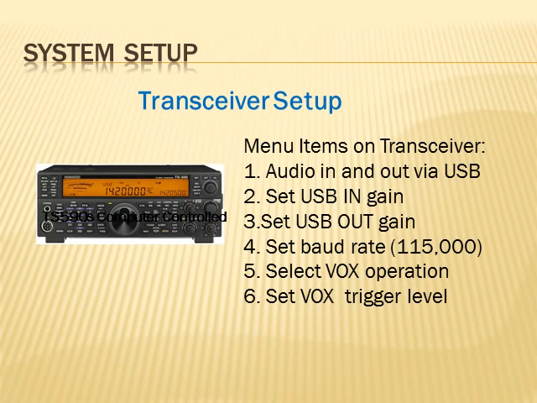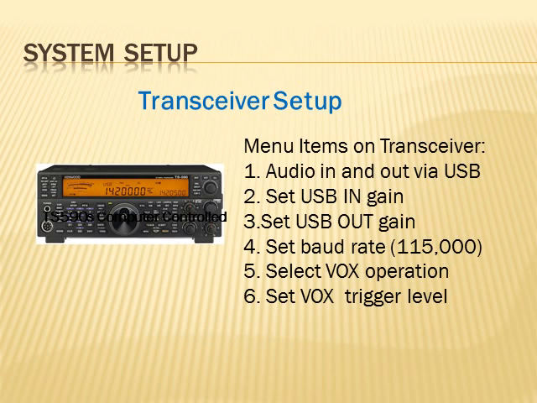Some of the different menu items that you will have to set up on your transceiver is the audio in and out via the USB, and this is two menu items that you can set up. Also, you need to set up the USB input gain and the USB output gain, and again those are accessible from the software through the menus.